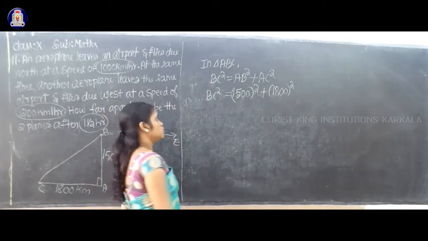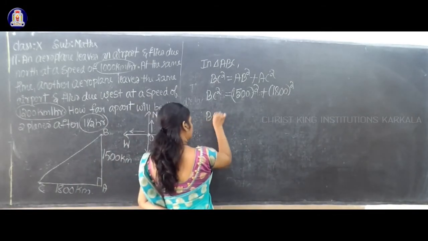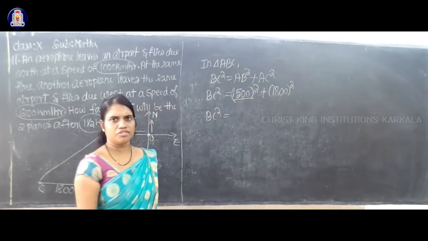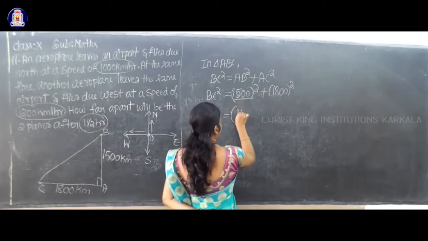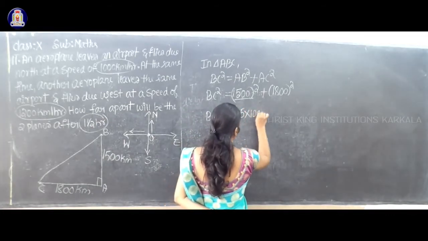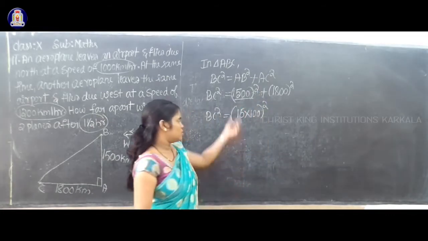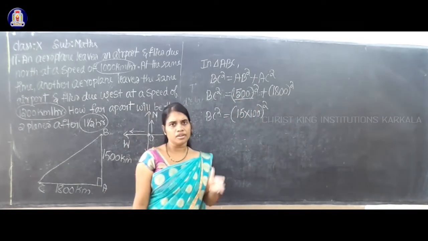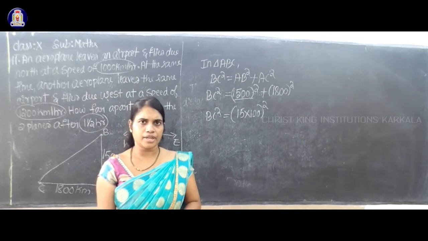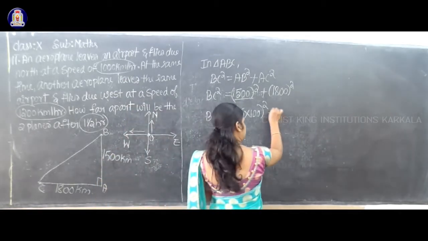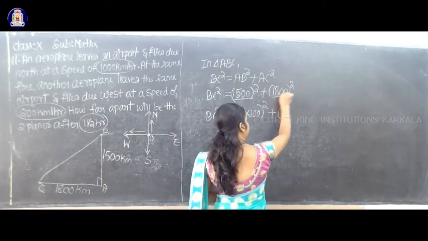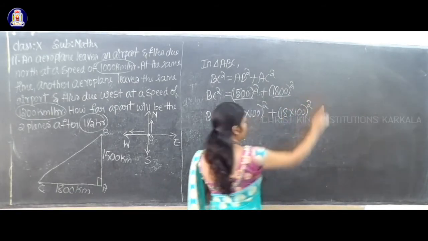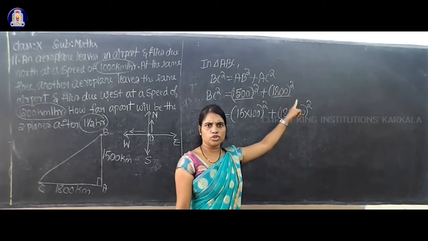Now can I write 1500 as 15 into 100? Yes. 15 into 100 is 1500, isn't it? Plus 1800. Can I split it as 18 into 100? Yes. 18 into 100 equal to 1800.